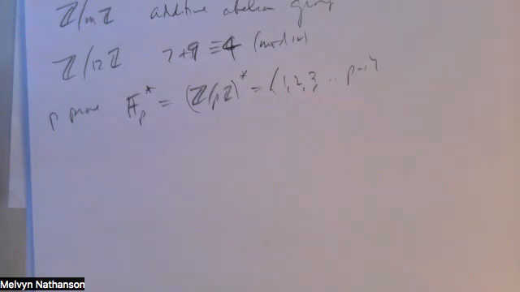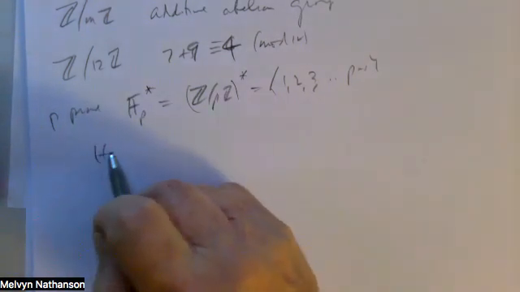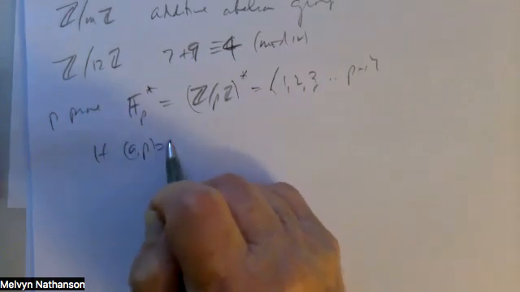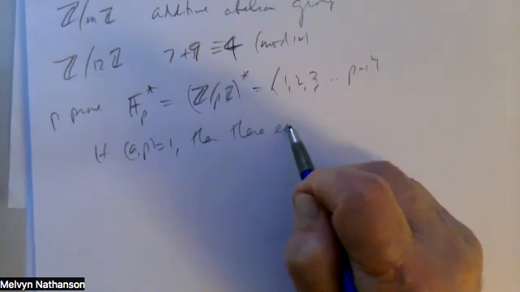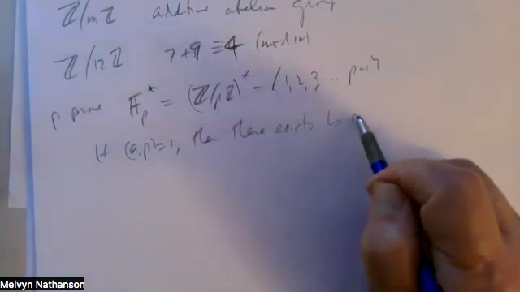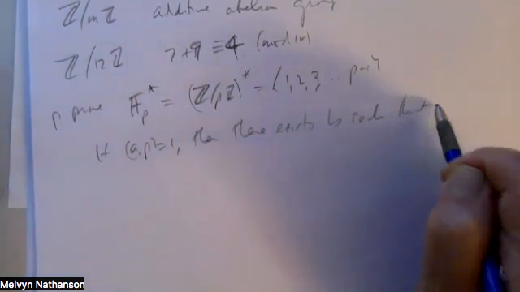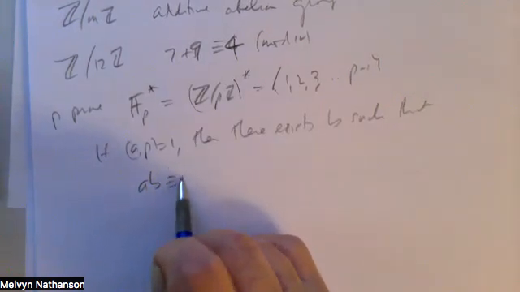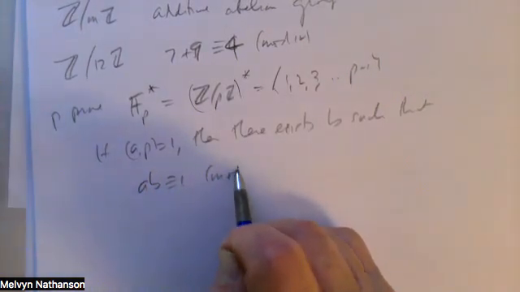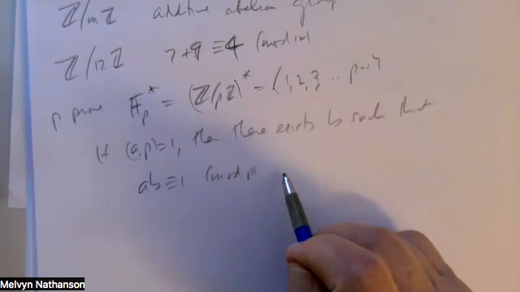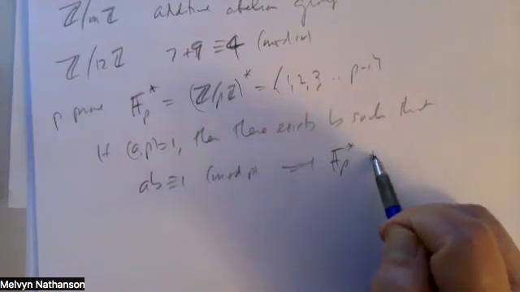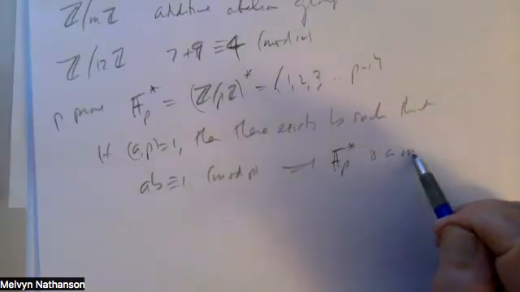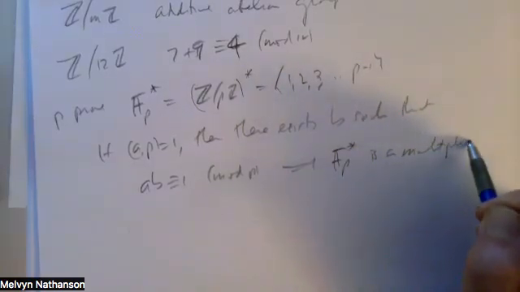And the fact that if A and P are relatively prime, then there exists a B such that AB is congruent to 1 mod P implies that F_P star is a multiplicative group.